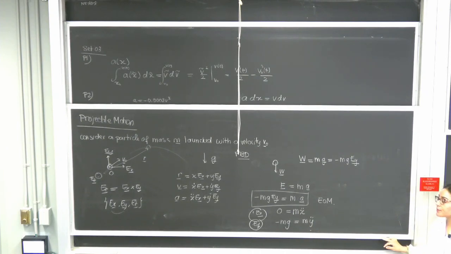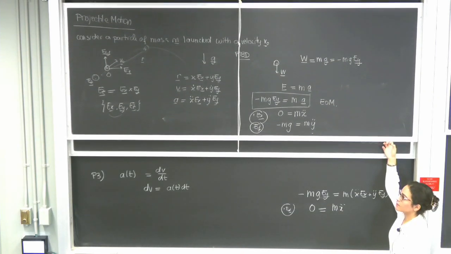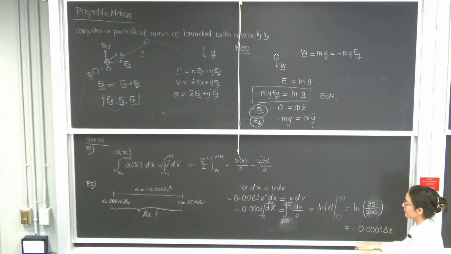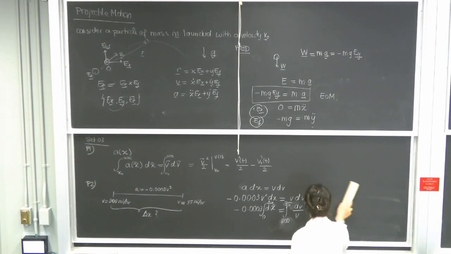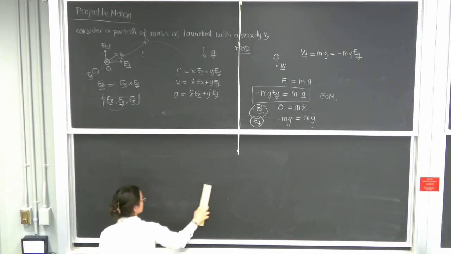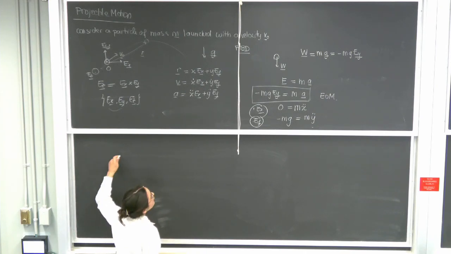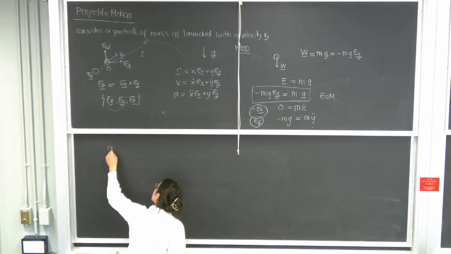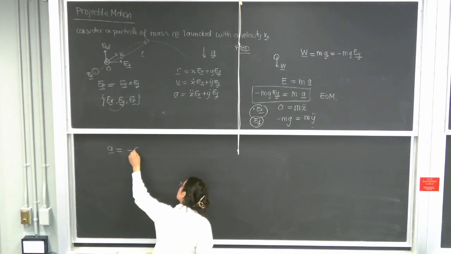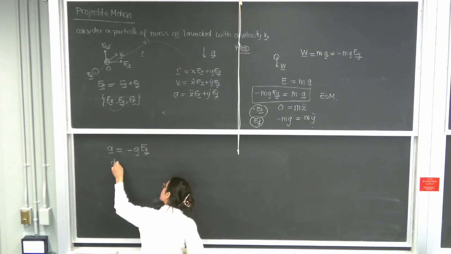I can solve for the position vector as a function of time. This is an easy differential equation to solve. Okay, so where was it? MA or A, I'm going to cancel the mass on both sides. A is equal to minus G Ey, and A is equal to dV by dt.